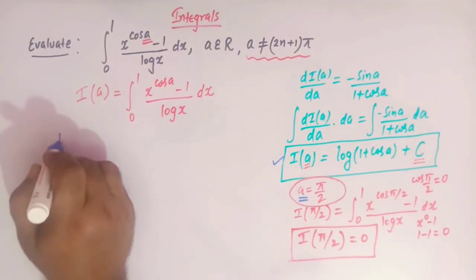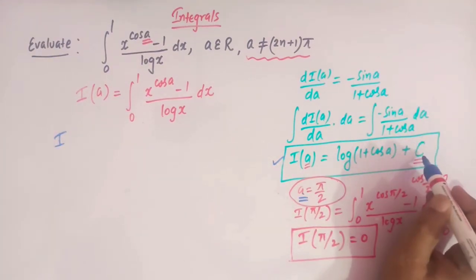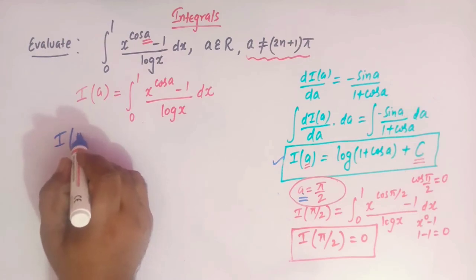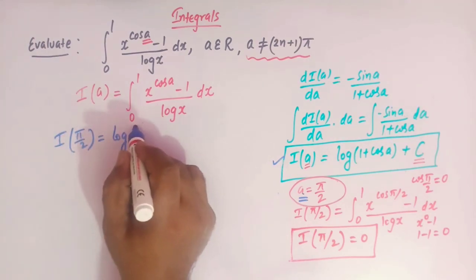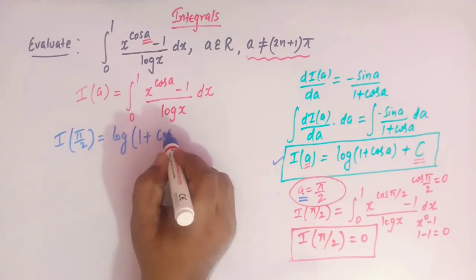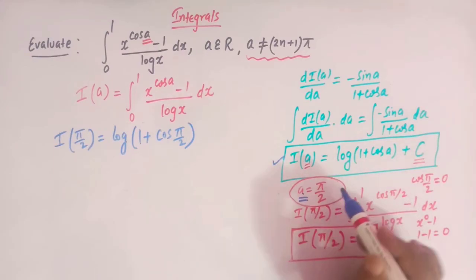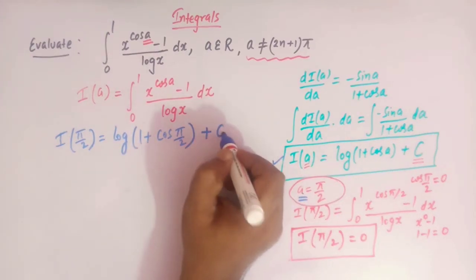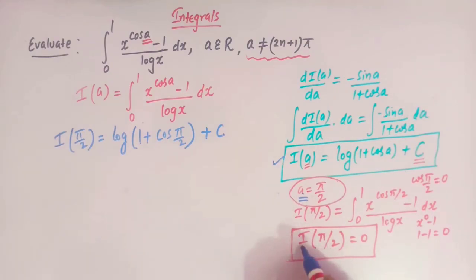So what we will get, see, we have to find the value of the constant of integration. So we have I of pi by 2 is equal to log of 1 plus cosine of pi by 2, right? Because a is pi by 2 and here we have plus c, right? And see, we have just calculated the value of I of pi by 2 is equal to 0.